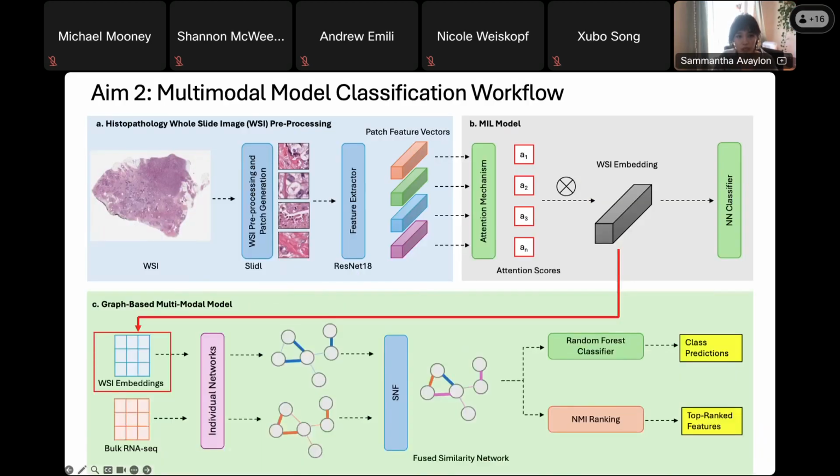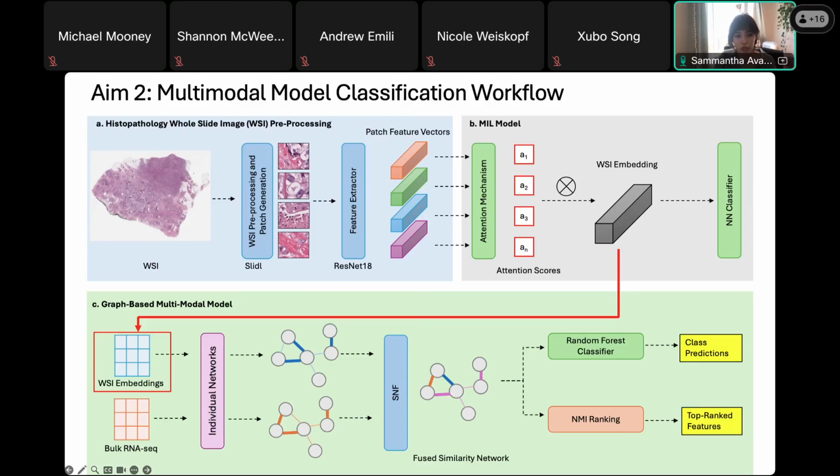And so here we can see both our workflows for the unimodal model shown on top, as well as our multimodal model, which is shown on the bottom. Before diving into the multimodal model classification workflow, I think a key aspect to highlight are the whole slide image features. And so as I previously talked about, we created these whole slide image embeddings in our unimodal model, which offers a summary and really highlights the key relevant tissue regions for basal and luminal classification.